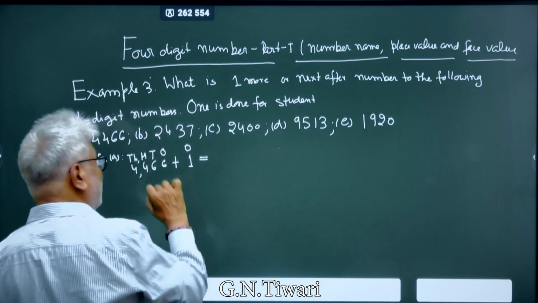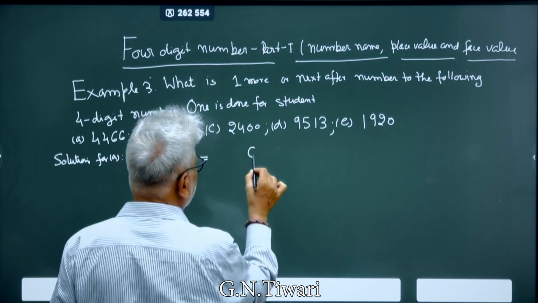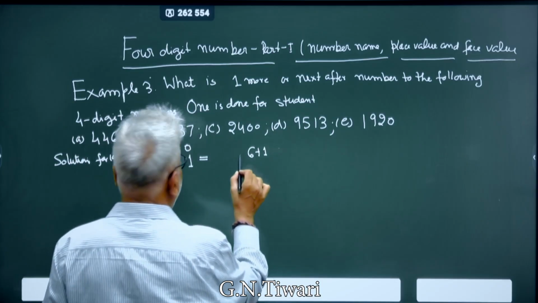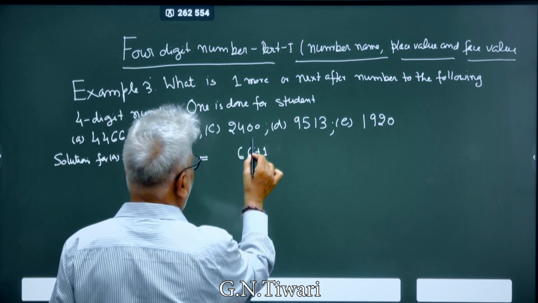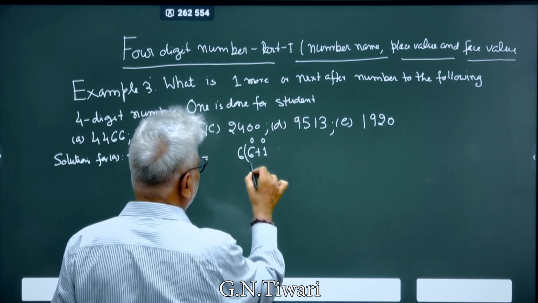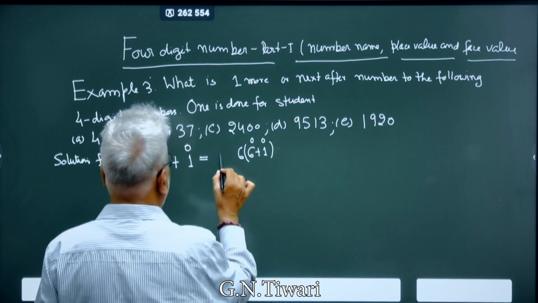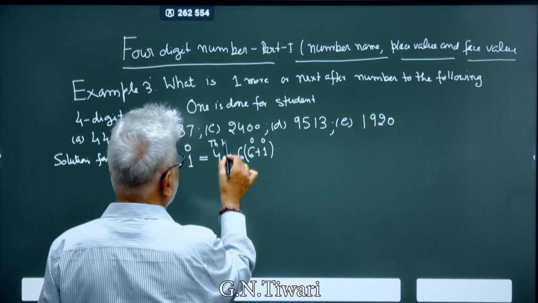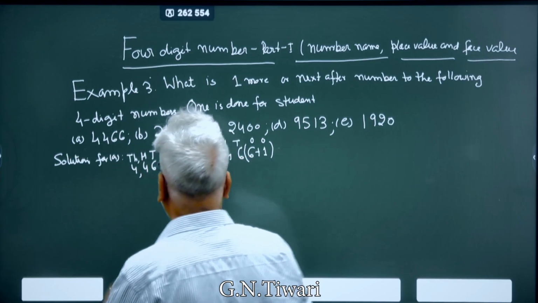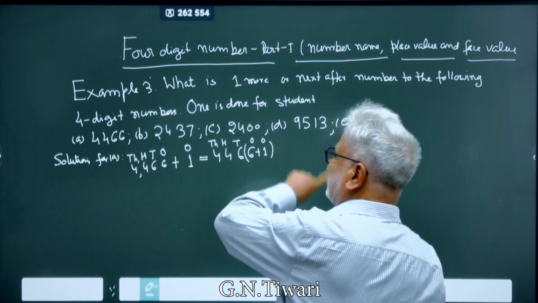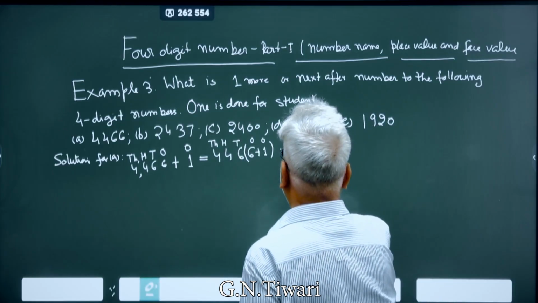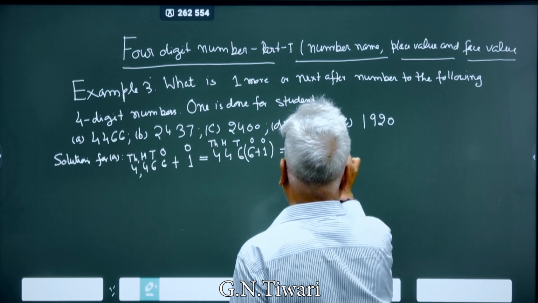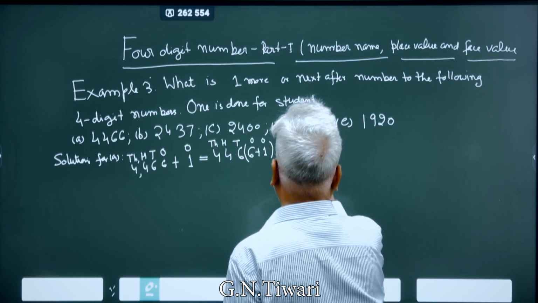Add ones to ones, that means here 6 plus 1. And here it will be again 6. This is O, this is O. Put it in brackets, then O plus O, and then 4, then 4, TH, H, T. Because you have to add 1, so 1 should be added into ones. That finally becomes 4, 4, 6, 7.